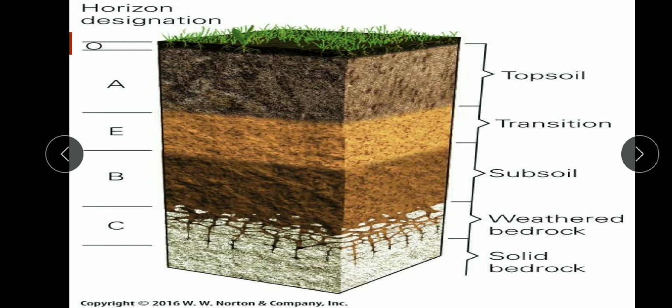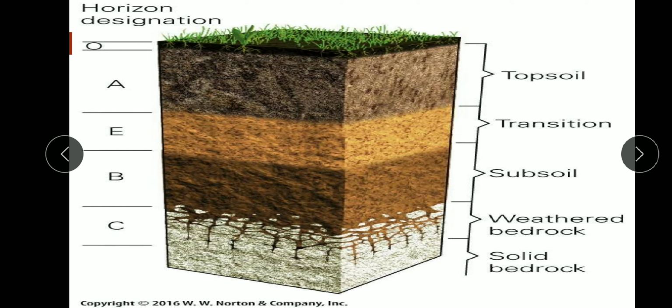Okay, this picture shows the soil profile. These are the three major horizons: the A horizon, the B horizon, and the C horizon.